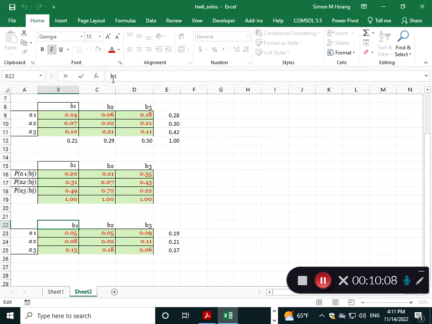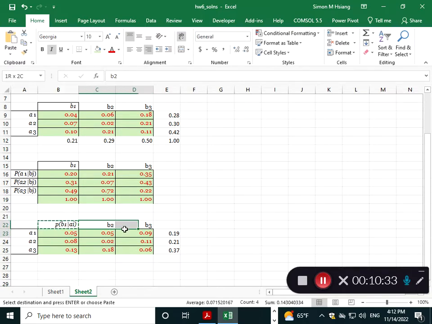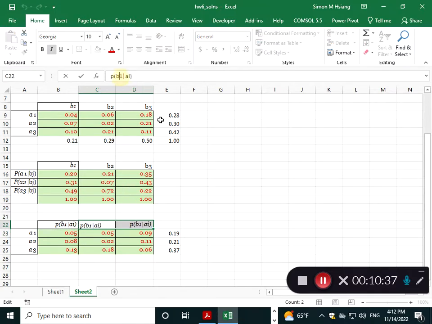Given my A, what will happen to my B1, B2, B3? And so I'll do this all the way here to my B2.